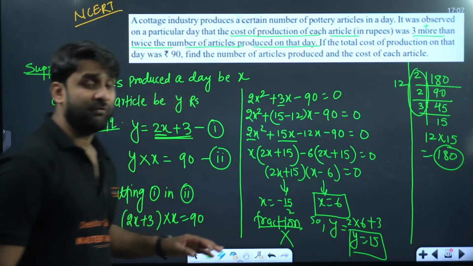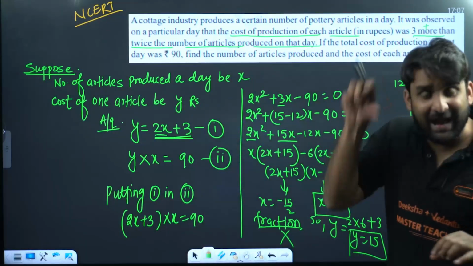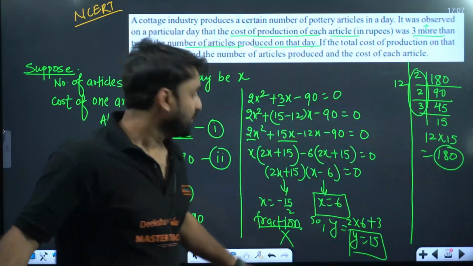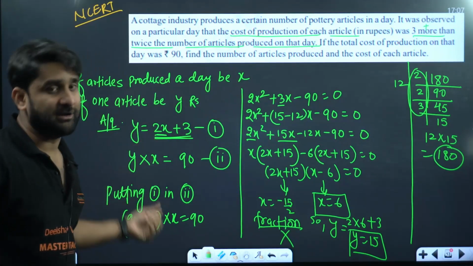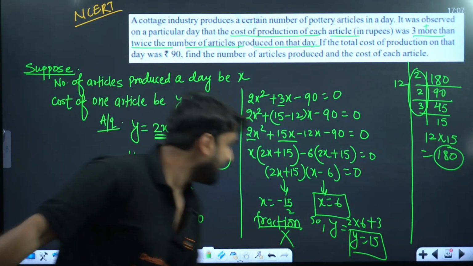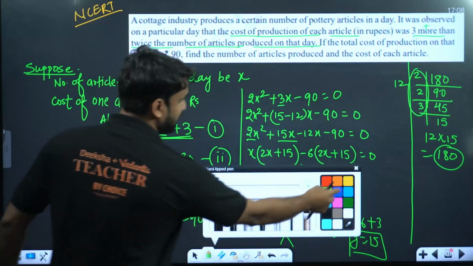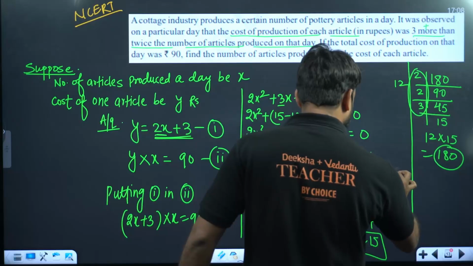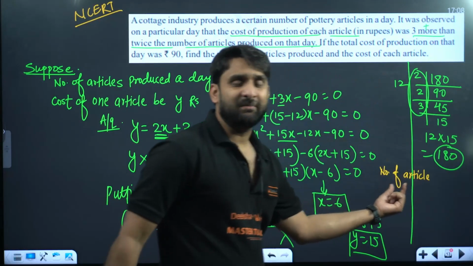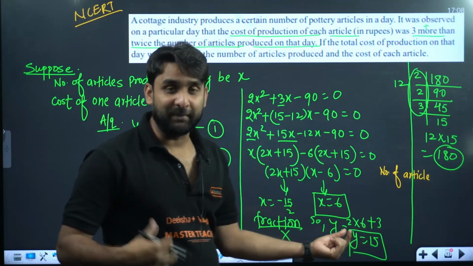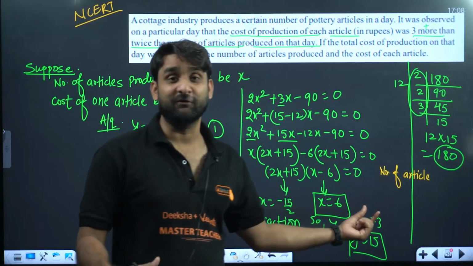Now make sure whenever you are solving a word problem, write the answer at the end in words form. We had supposed x is the number of articles produced on that particular day, and y is the cost of one article. So make sure to write the answer in words also. These things make the evaluator happy and generous, and make your answer sheet very impactful and attractive.